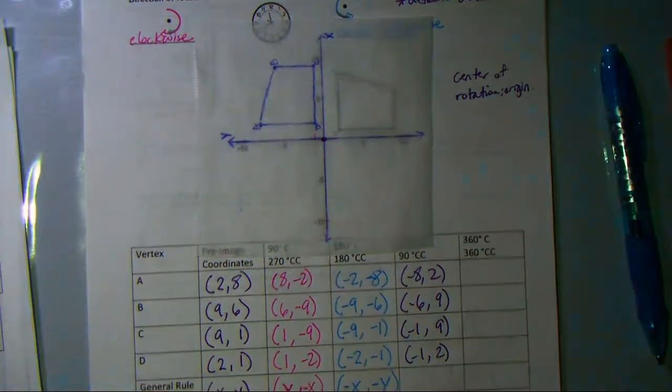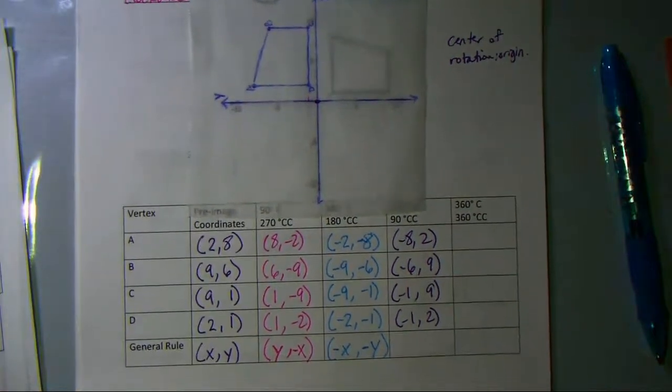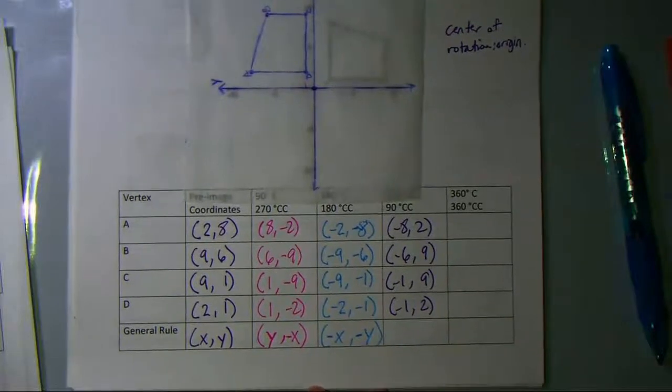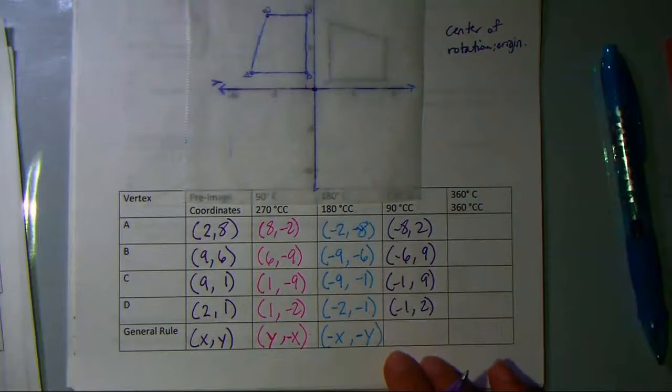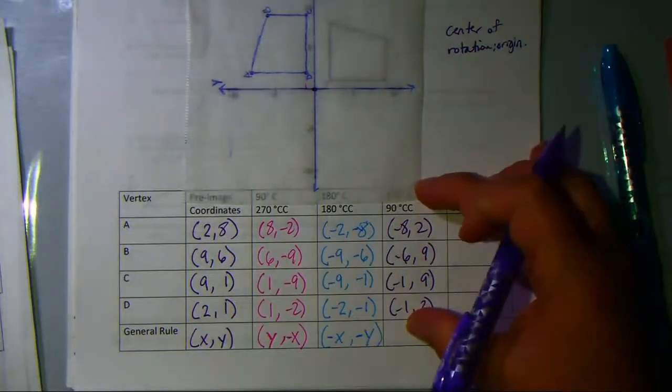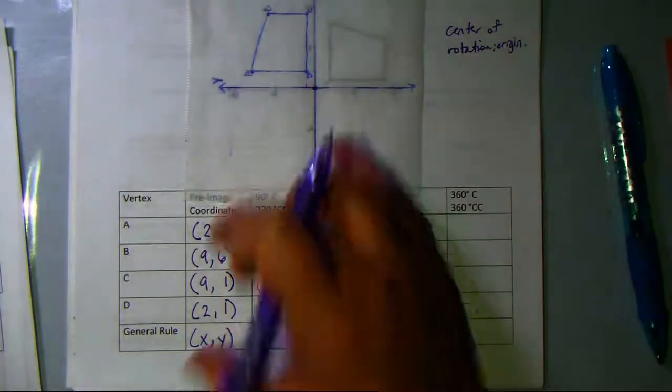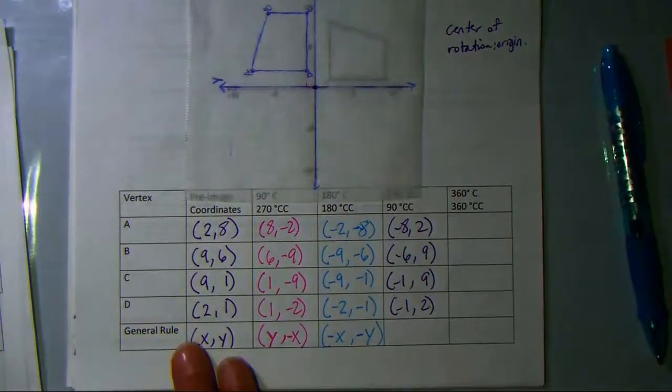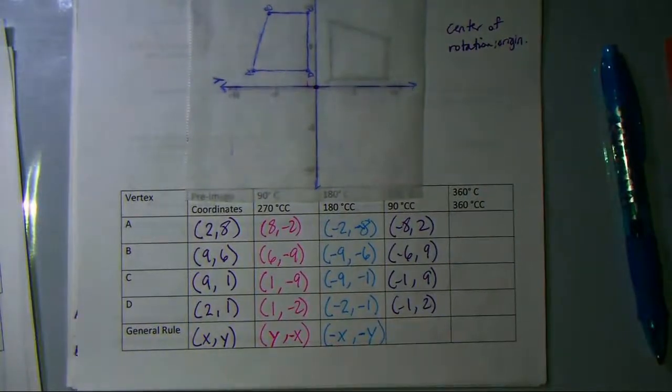So if we compare it to our points, see if you can determine the general rule here. Compare this column to the original column and see if you can figure out that general rule. Answer that question for me.